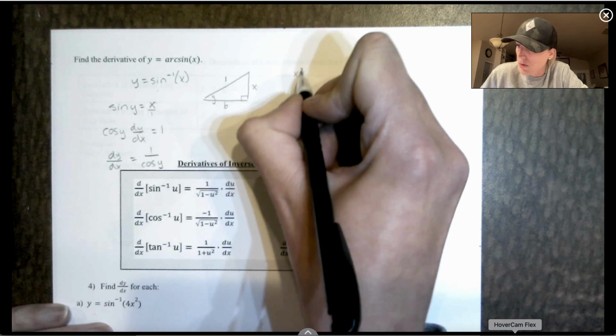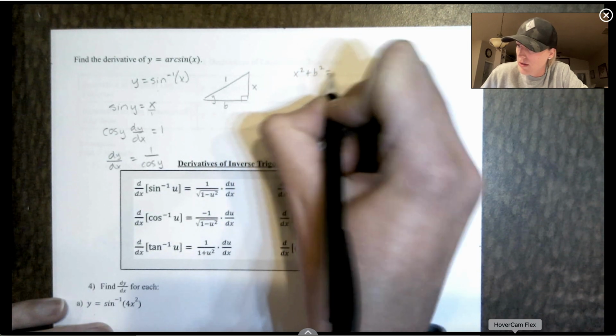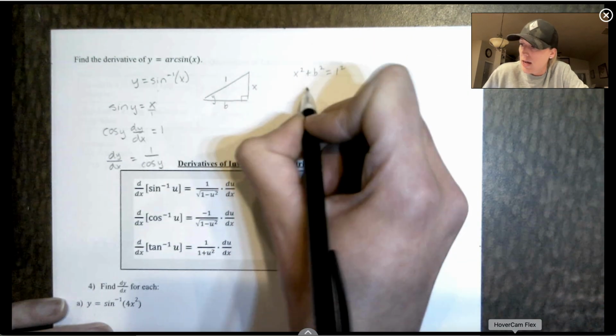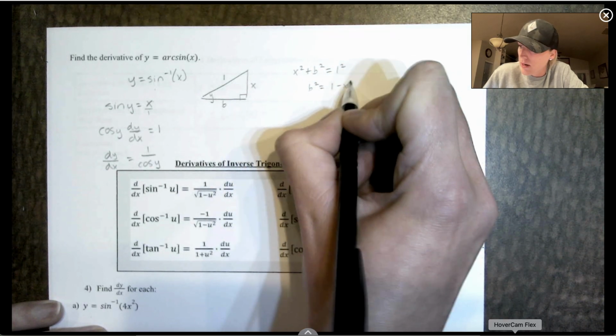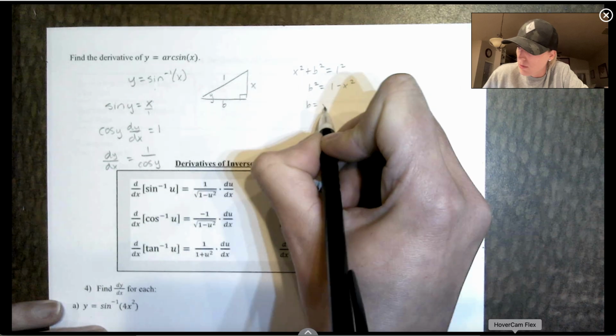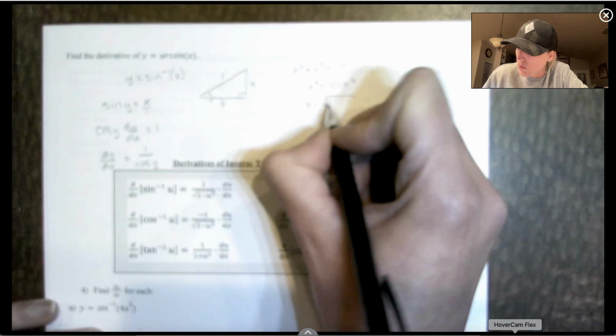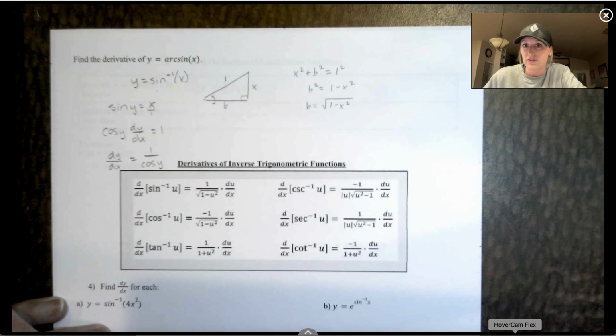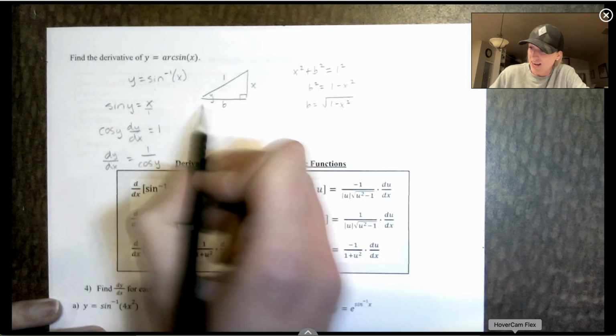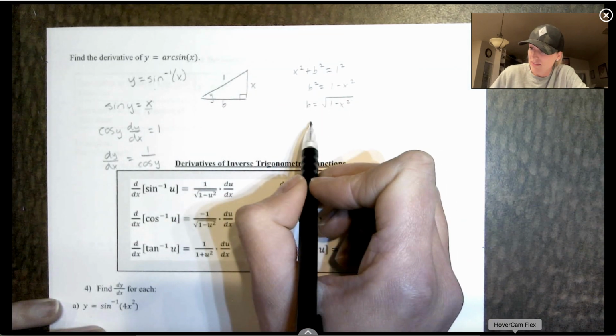Per the Pythagorean theorem, x squared plus b squared equals 1 squared. So I get b squared equals 1 minus x squared, so b is equal to the square root of 1 minus x squared. All right, so this side of the triangle is the square root of 1 minus x squared.